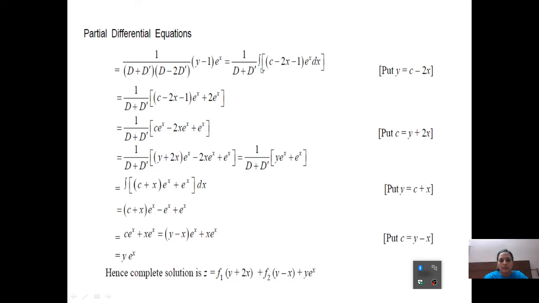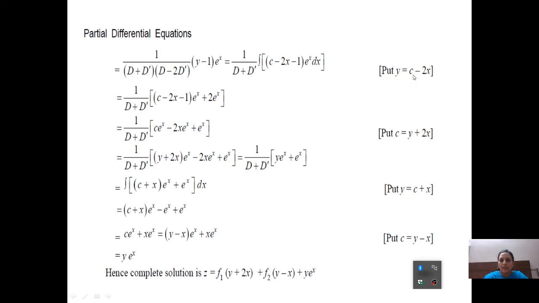Here we should try to understand the rule. We are discussing the rule itself, so please pay attention. We will place an integration sign. Then in the right hand side function, we keep x as it is, and we replace y with the term c minus 2x.